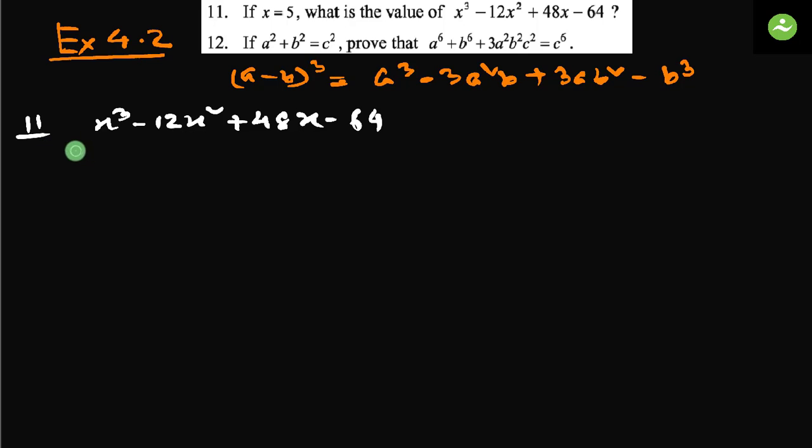How? Let us do it. Here a is x, so x cube minus 3a square b means 3x square, b is 4. 4 into 4 into 4 is 64. 4 cube is 64.